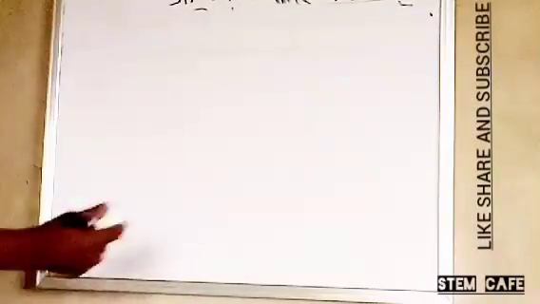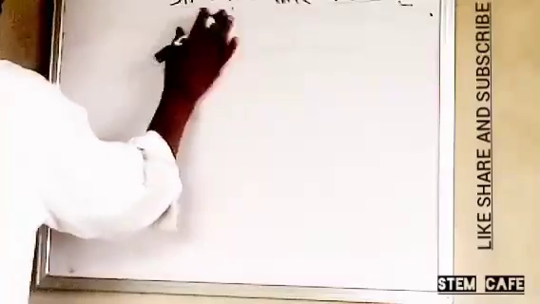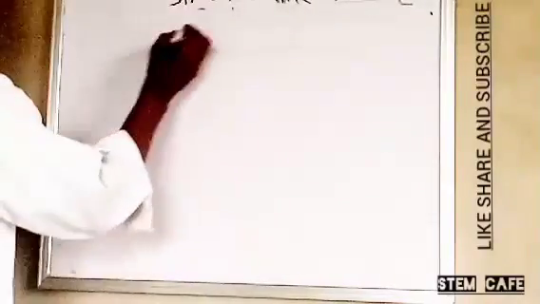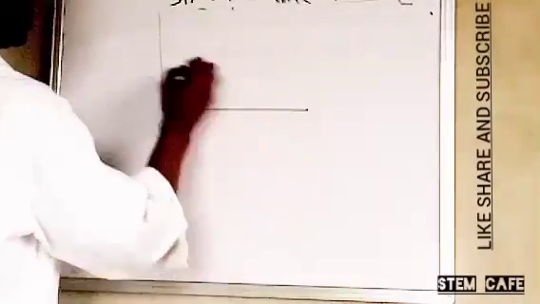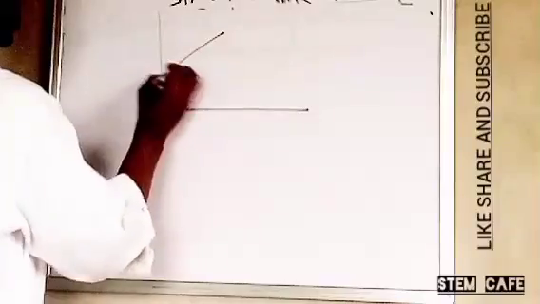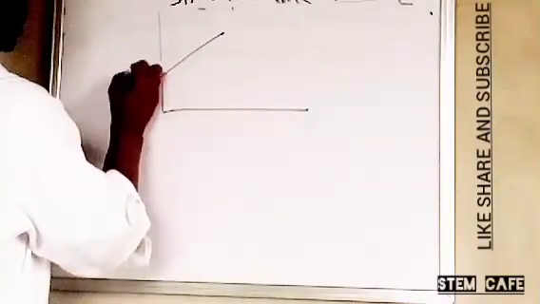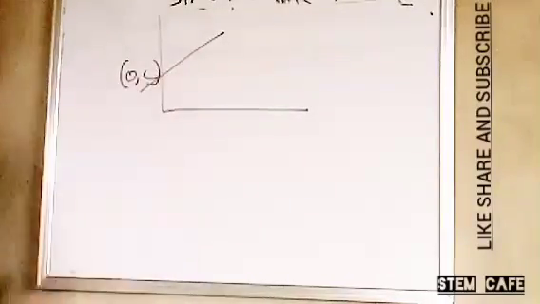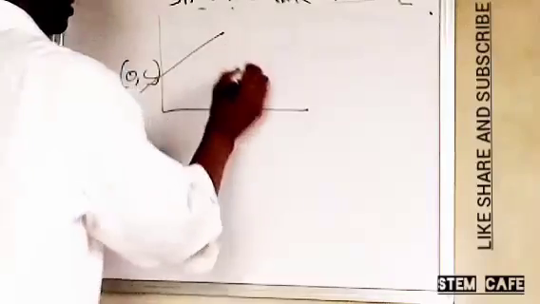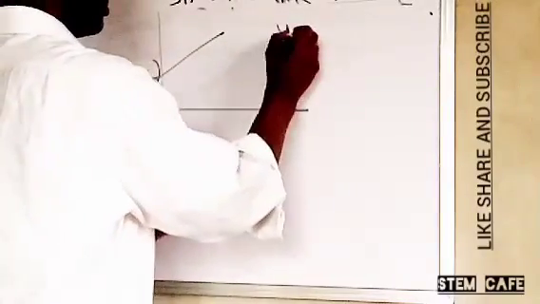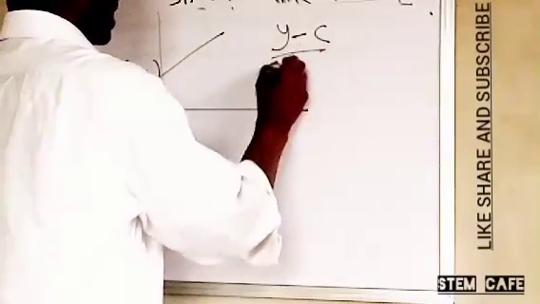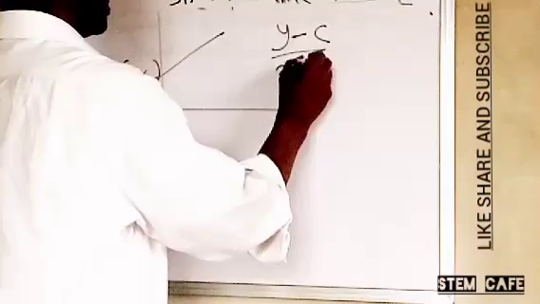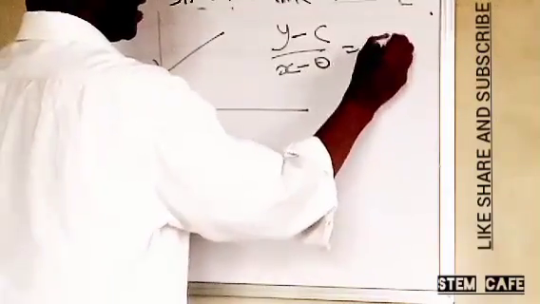Now let's look at where we are given the gradient and one intercept, most times the y-intercept. Let's say we have 0, c. So the equation of the straight line will be y minus c over x minus 0 is equal to n.